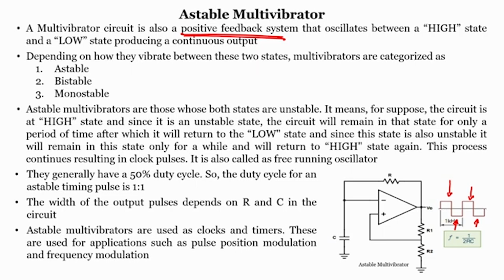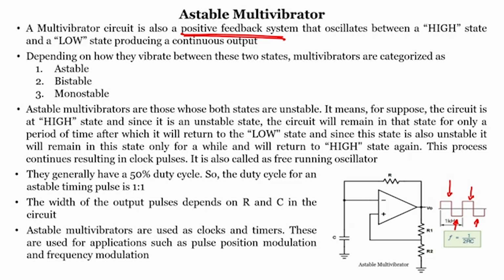Since this state is also unstable, it will again return to the high state. This process of continuously changing from high state to low state to high state results in clock pulses, and thus the astable multivibrator is also called a free running oscillator.